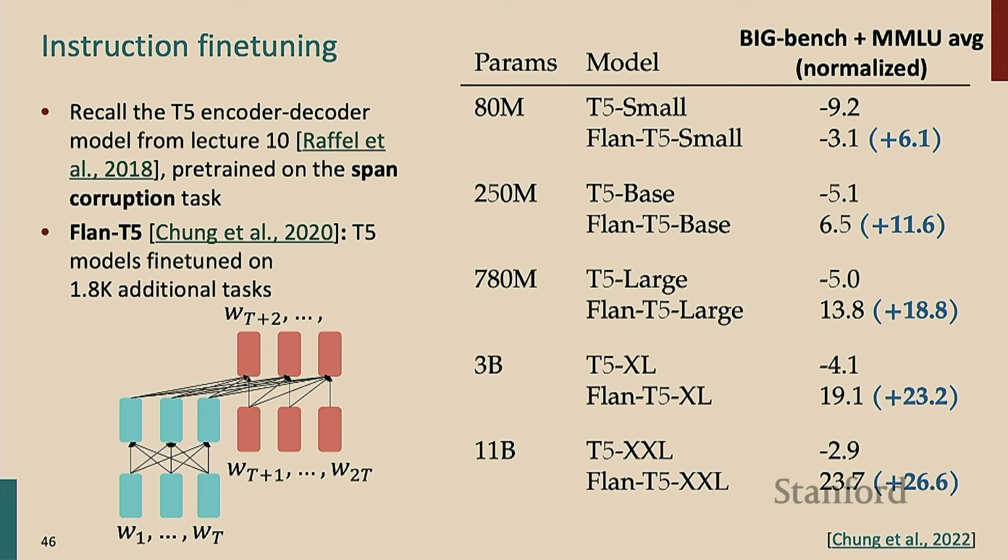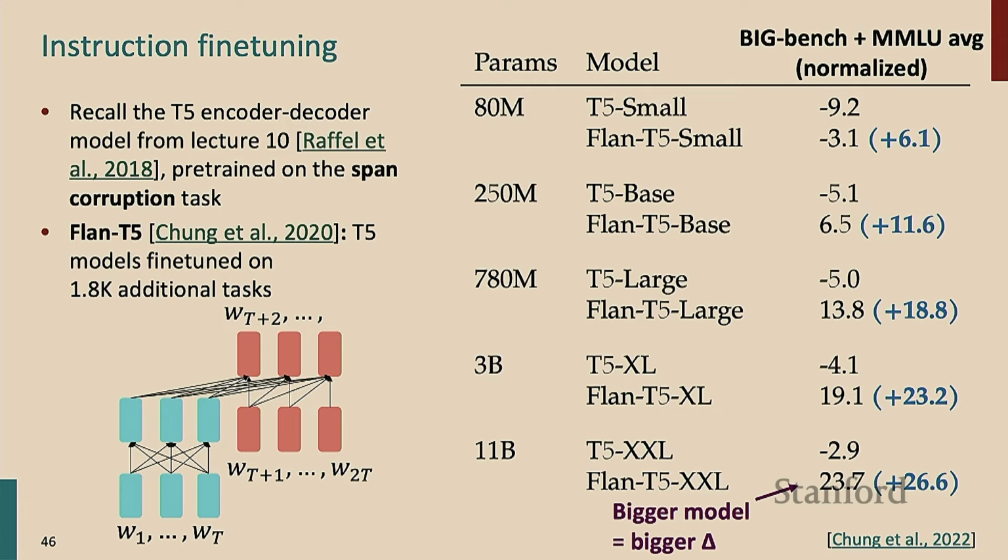And this is T5 models trained on an additional 1.8 thousand tasks, which include the natural instructions dataset that I just mentioned. And if we average across both the BIG-bench and MMLU performance and normalize it, what we see is that instruction fine-tuning works. And crucially, the bigger the model, the bigger the benefit that you get from doing instruction fine-tuning, right? So it's really the large models that stand to do well from fine-tuning.